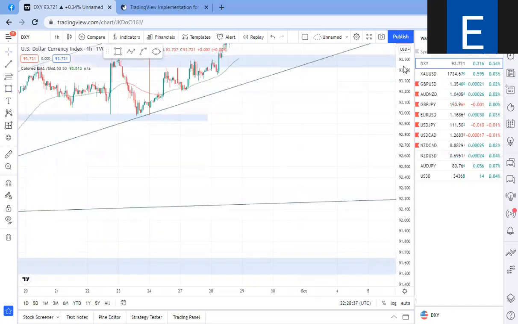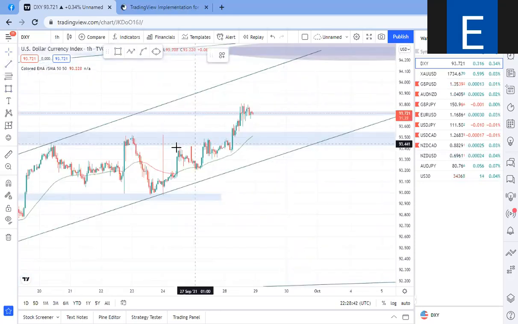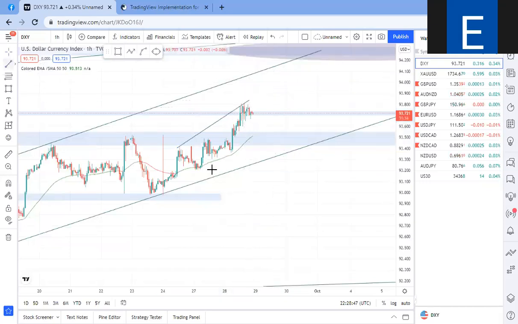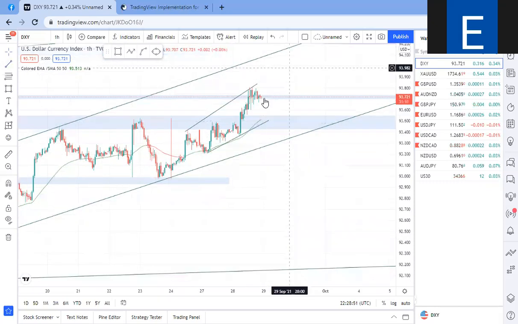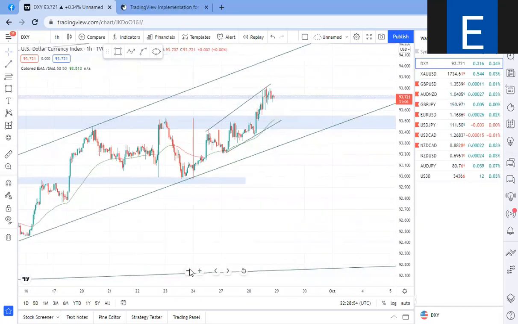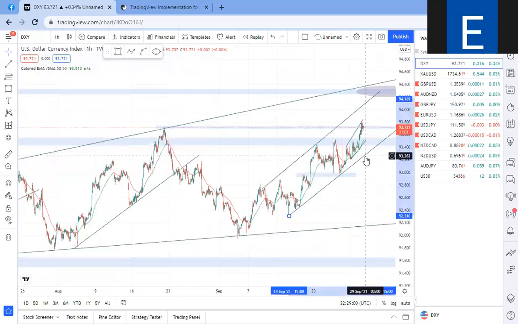Price is kind of struggling at this area right now. Price may likely sell off from here, because we see a pattern inside a pattern.